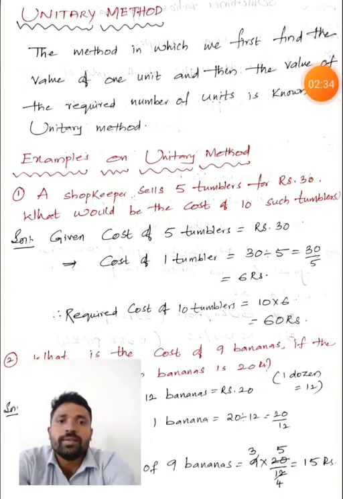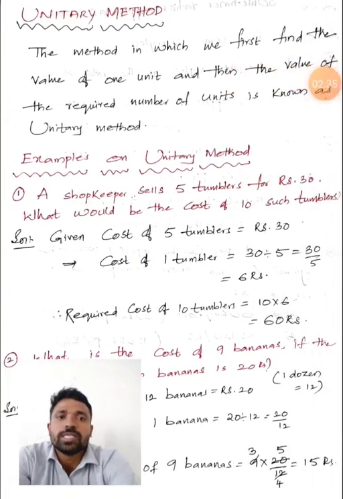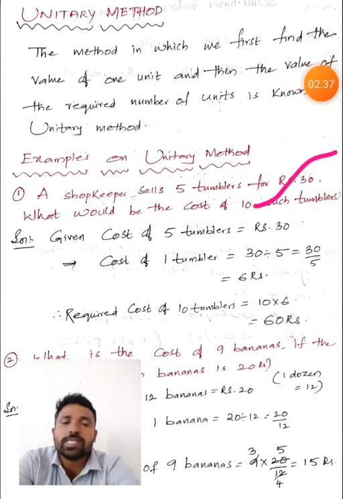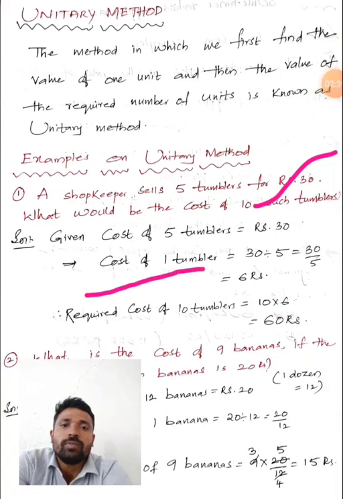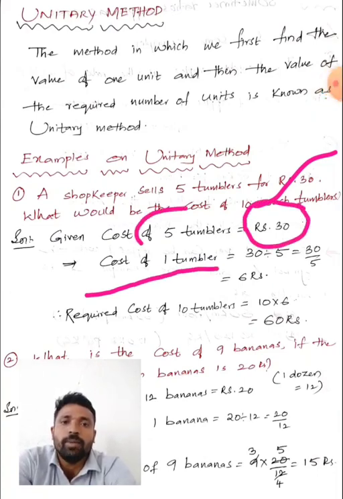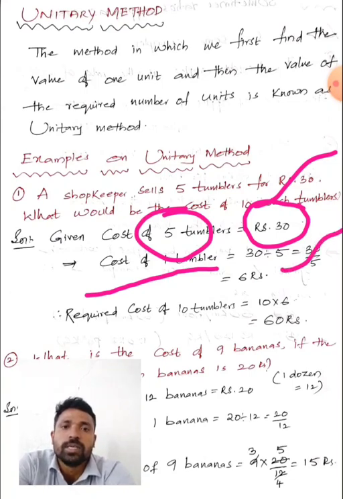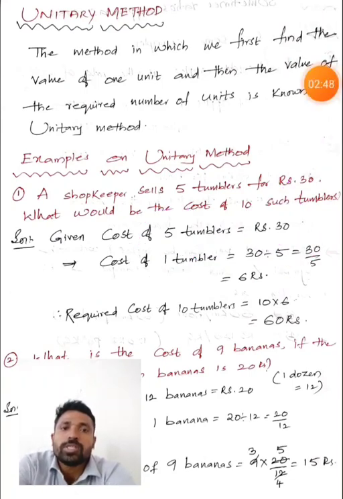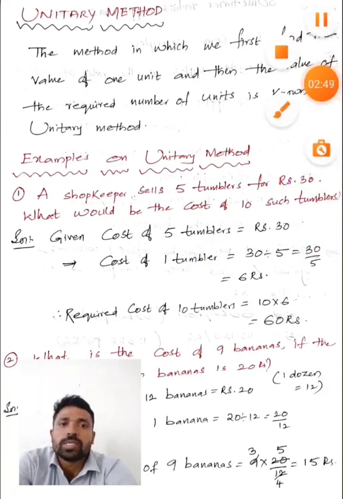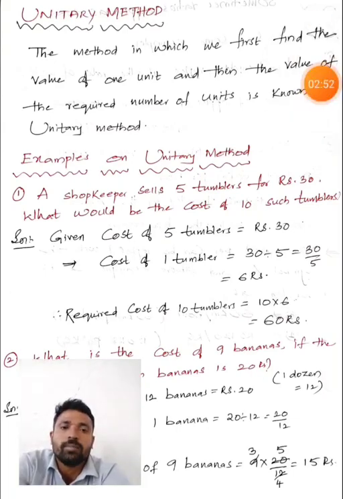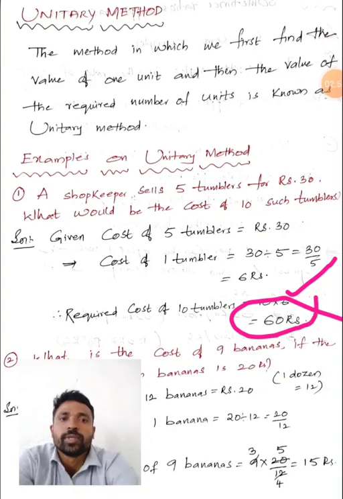Since it is clearly given that the cost of 5 tumblers is equal to 30 rupees, now let us find the cost of 1 tumbler. Cost of 1 tumbler means 30 divided by 5, which is 6 rupees. Now we have to find the cost of 10 tumblers, means 10 into 6, it becomes 60 rupees.